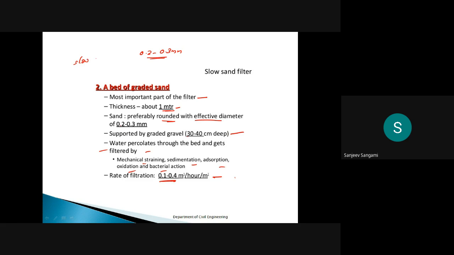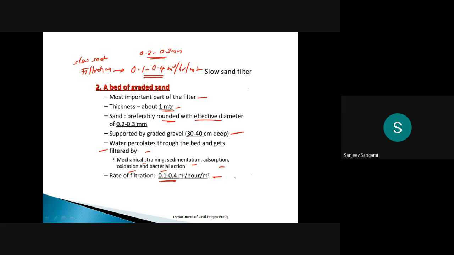As it is a slow sand filtration, the rate of filtration is 0.1 to 0.4 meter cube per hour per meter square. Remember that. A very important thing is the effective diameter.